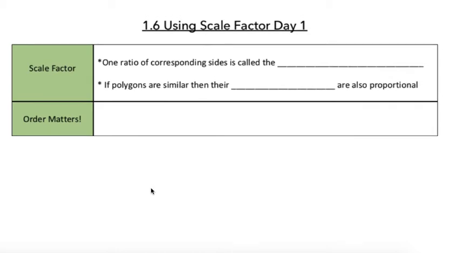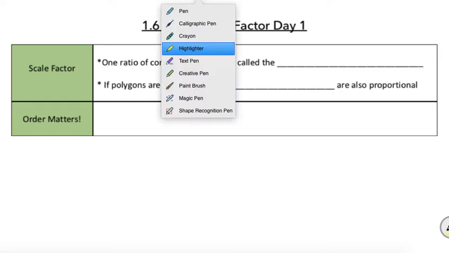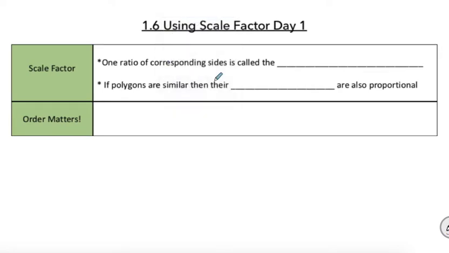So to start us off, using scale factor day 1, we're going to look at a ratio of corresponding sides. And when we look at just one of those ratios, this is called the scale factor.